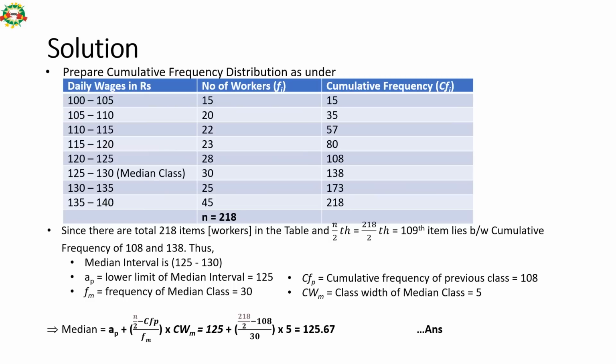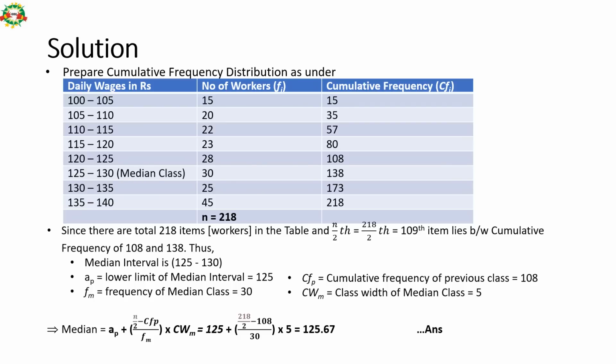So 15 for the first category, second category 20 plus 15 is 35, third category 22 plus 35 is 57, fourth category 23 plus 57 is 80. This is how we calculate cumulative frequency. So the total number of workers, which is n, is equal to 218. So there are 218 items here, or workers, in this table.